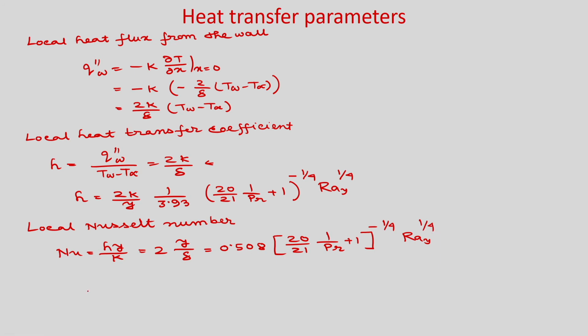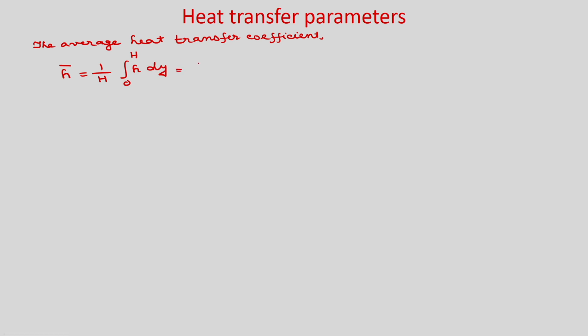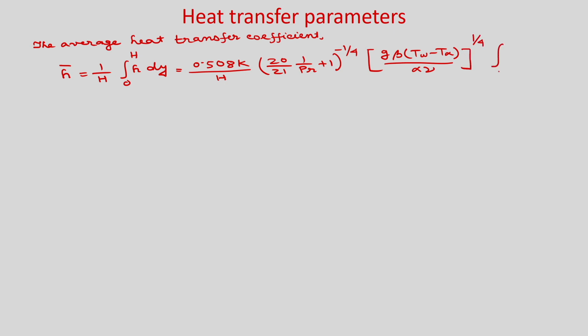Okay. So, now the average heat transfer coefficient you can write as h bar is equal to 1 by h integral 0 to h of h dy, okay, and put the values, then you will get 0.508 k by h, 20 by 21, 1 by Prandtl number plus 1 to the power minus 1 by 4, g beta into T w minus T infinity divided by alpha nu to the power 1 by 4, and integral 0 to h y to the power minus 1 by 4 dy.